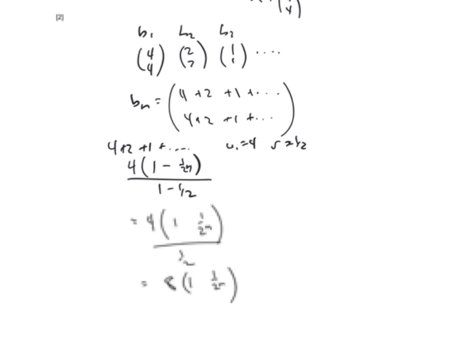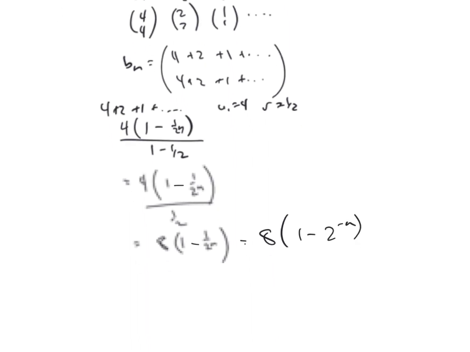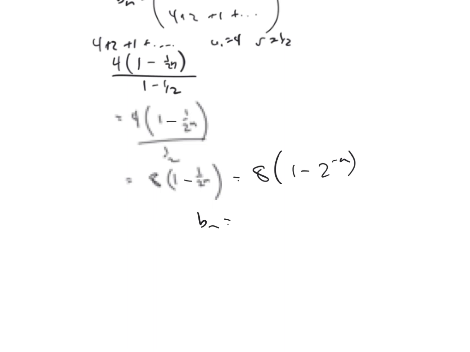So this is minus, minus, which is equal to 8 times 1, 2 to the minus n. And so Bn is simply 8, 1 minus 2 to the minus n, 8, 1 minus 2 to the minus n.